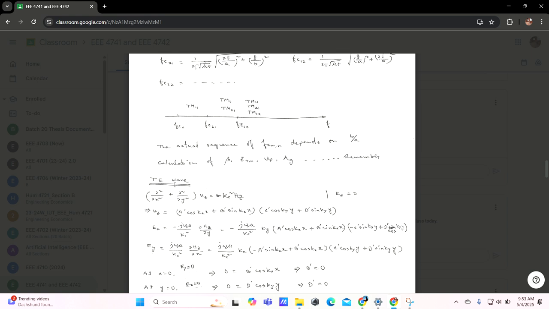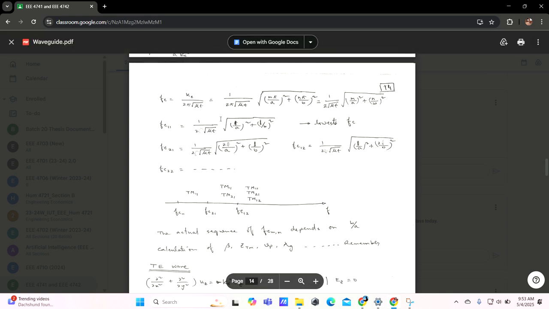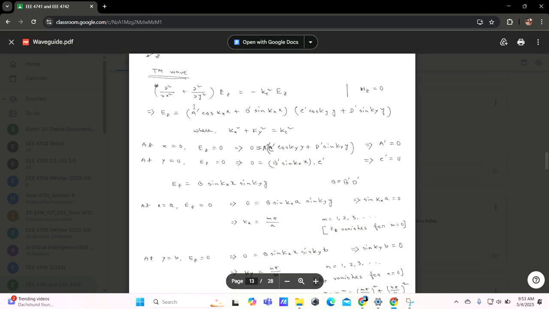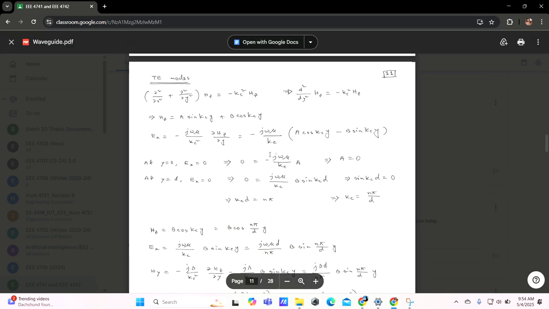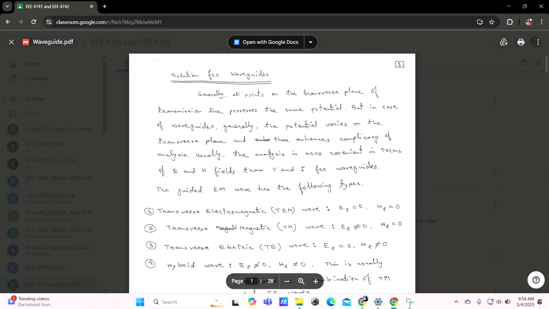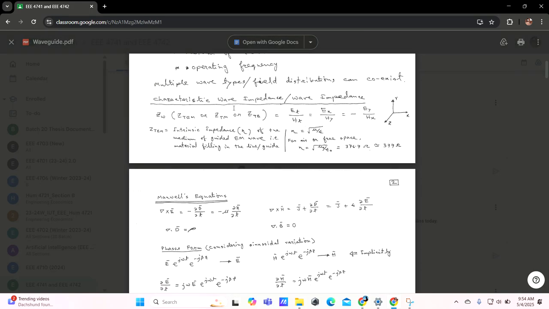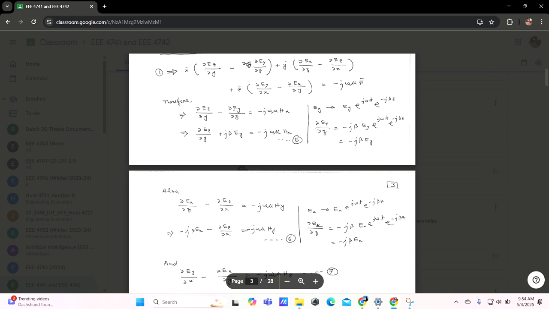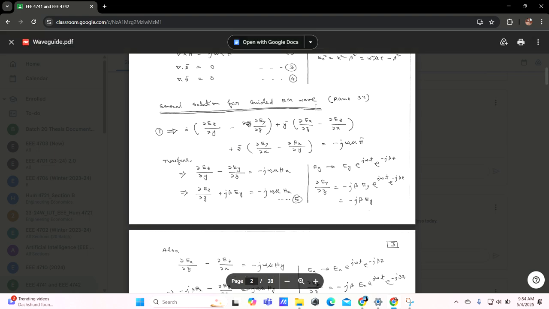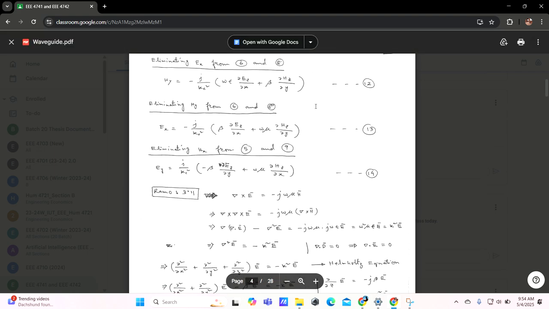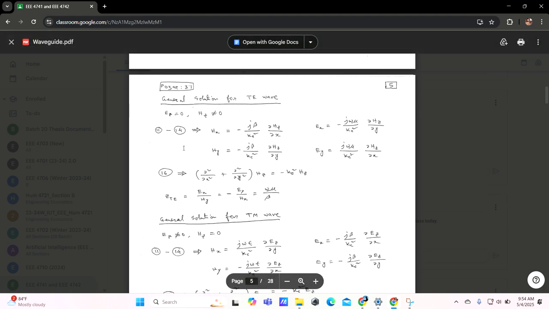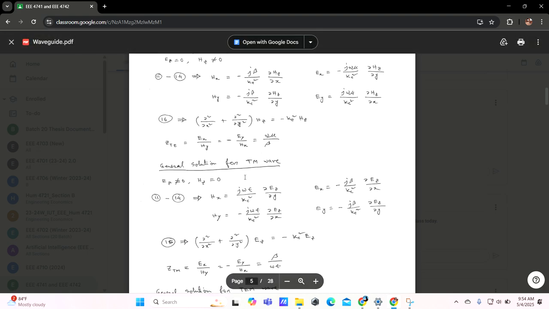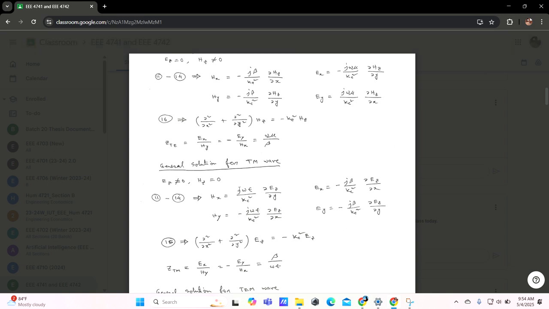In the case of the transverse electric wave equation, if there is any confusion about how this general equation for Ex, Ey, Hx comes, in earlier studies we derived the general solution for the electromagnetic waveguide, and after derivation we know the general solution for the transverse electric wave and the general solution for the transverse magnetic wave.